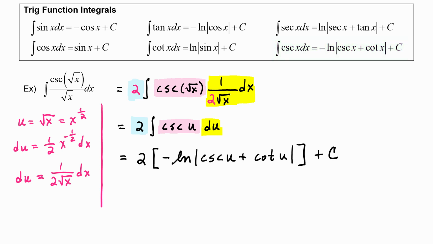And remember, we can always just throw the plus c out on the end. Because this was an indefinite integral, we have to go back to the x variable. So this is going to equal negative 2 natural log absolute value of cosecant radical x plus cotangent radical x plus c.